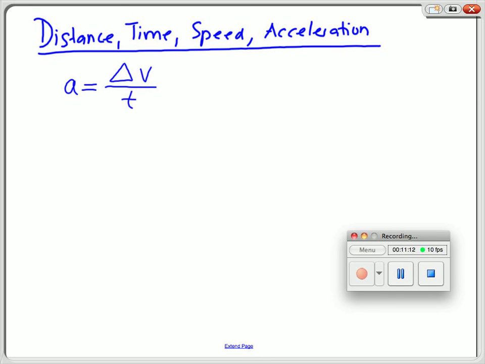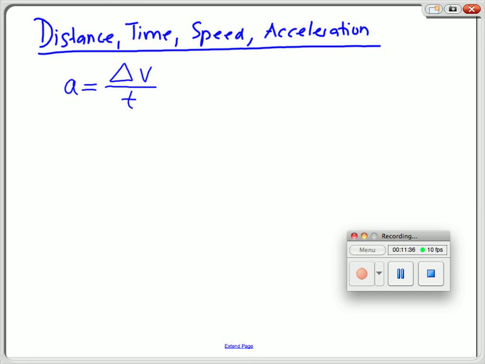So what does this actually mean? If I have a car that accelerates at the traffic lights, then the car starts off at a speed of 0 because it's stationary in front of the traffic lights, and then it accelerates, say, to a speed of 50 kilometers per hour, which is something between 15 and say around 17 meters per second.